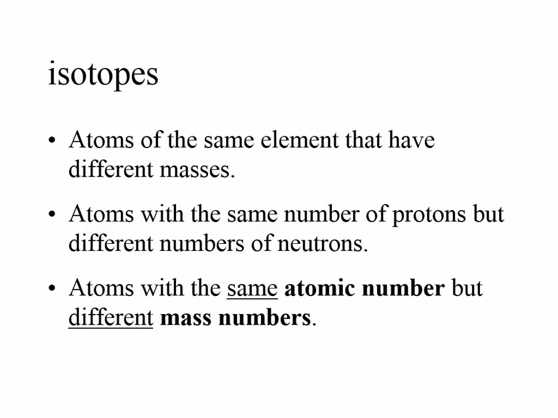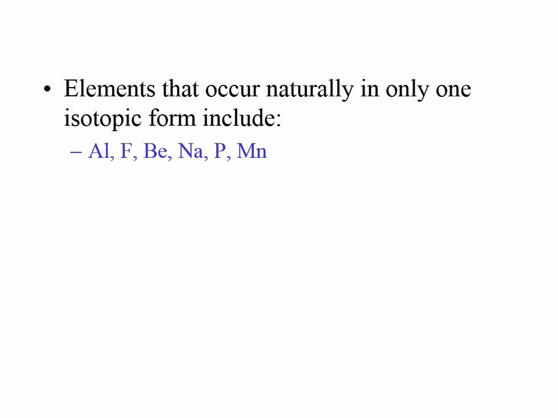So, for instance, this, or maybe it's on the next slide. Oh, it's coming up. This almost sounds like an oxymoronic phrase. There is one isotopic form of these guys. So these are 1, 2, 3, 4, 5, 6 elements.